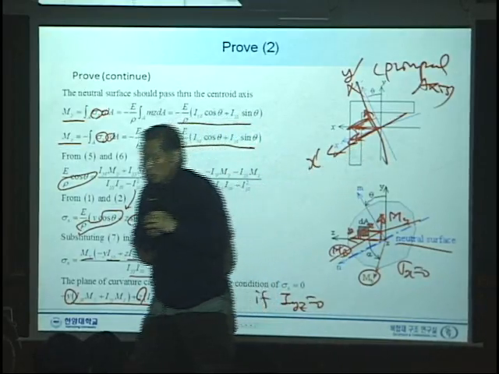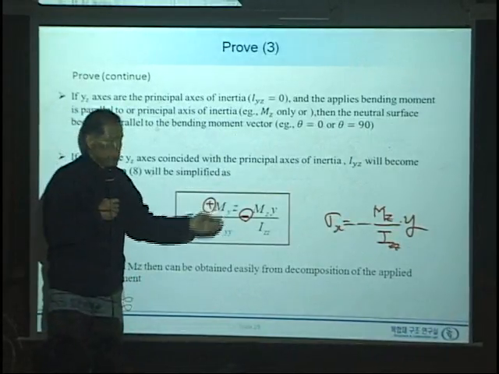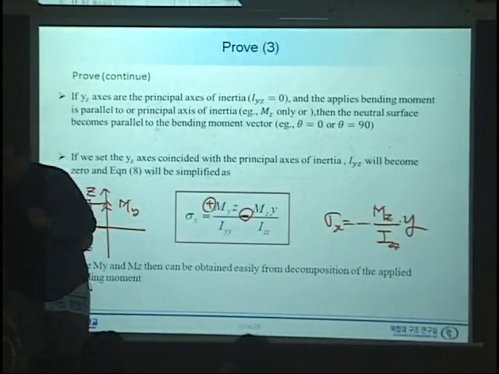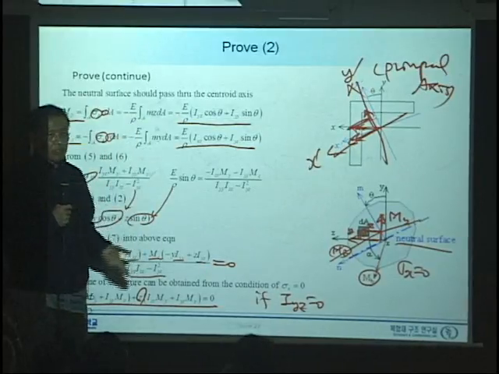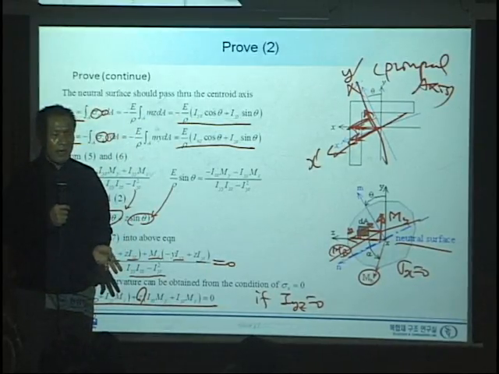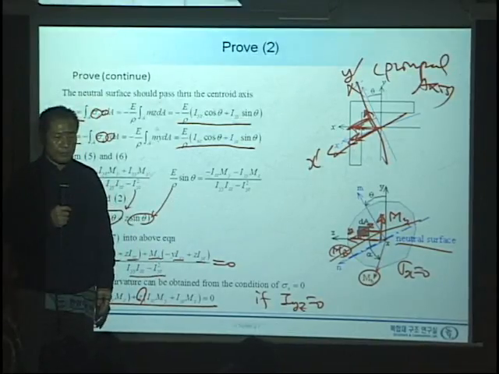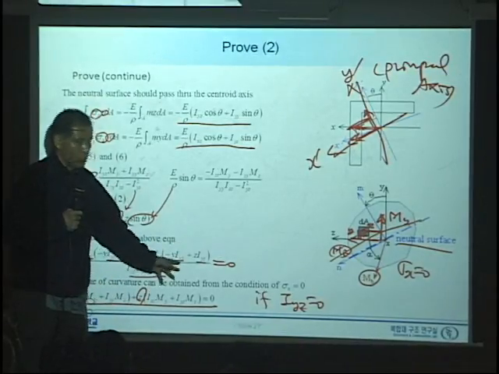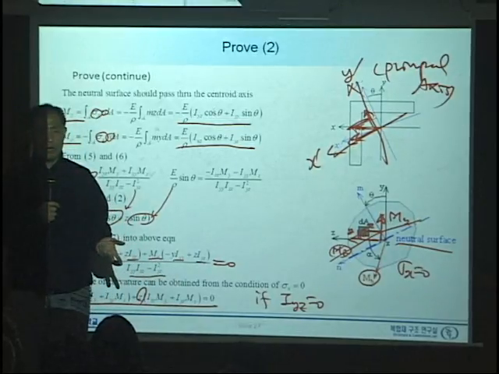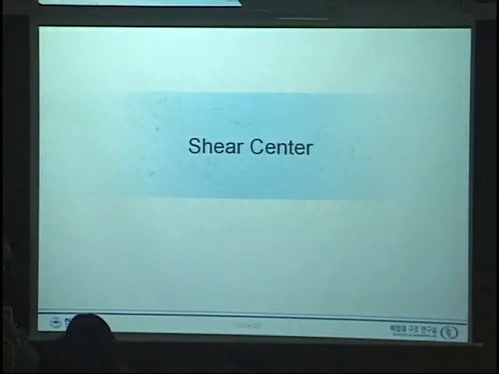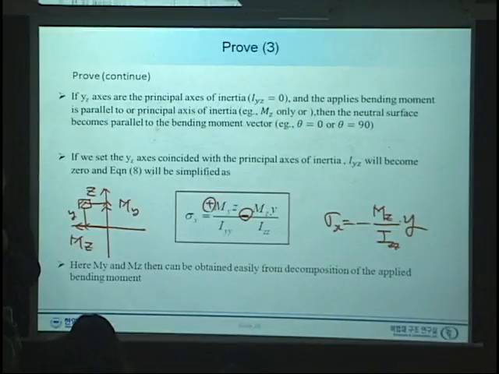And then use this relation. Okay? But I want you to go through this procedure at least once, and you need to fully understand this procedure. Even though you don't have to use this complicated equation in calculation of stress, you need to understand this procedure. Okay, so that is about the bending stress for unsymmetric cross section.